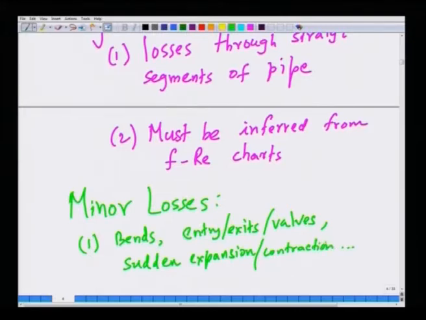So, there are various reasons why there could be minor losses in a problem. So, these minor losses have to be calculated by correlations.